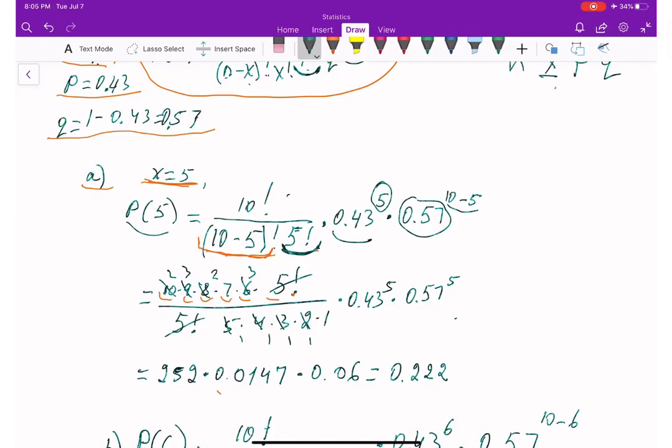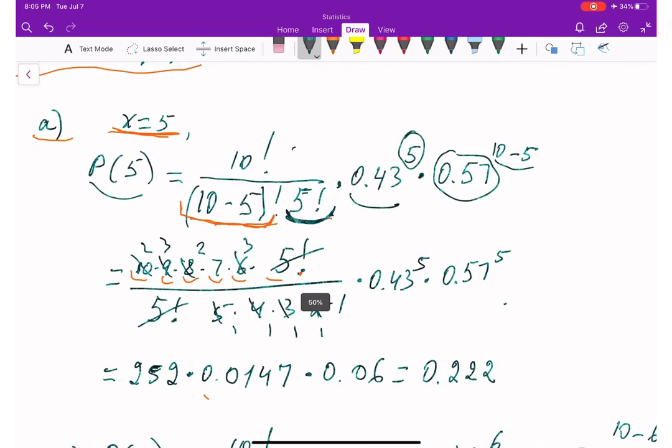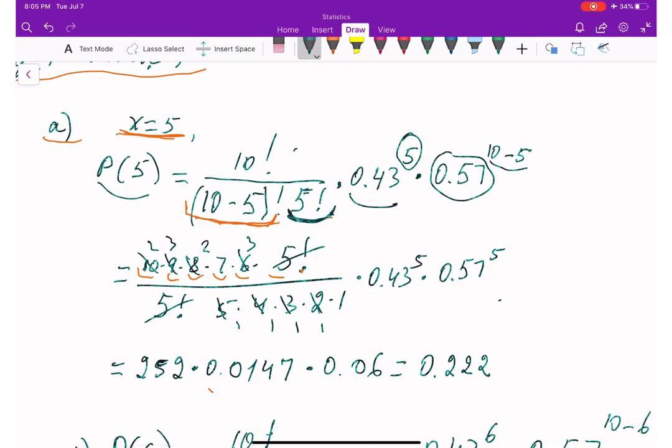So what does that mean? I'm going to cancel with each other. So 5, this 5, I canceled with this 10, I got 2. 4, I canceled with this 8, I got here 2. 3, I canceled at the bottom, I canceled with 9, I got 3. 2, I canceled with 6, I got 3.